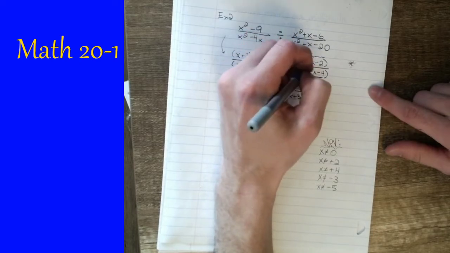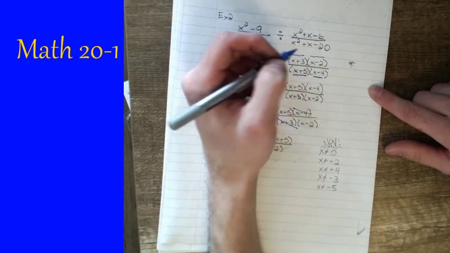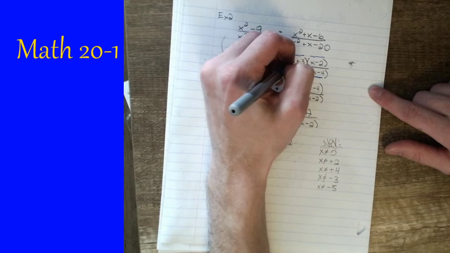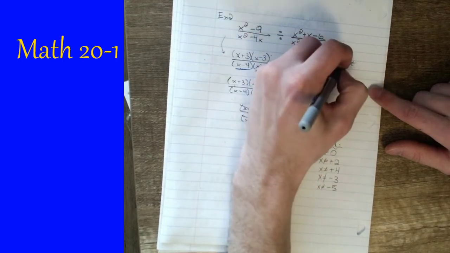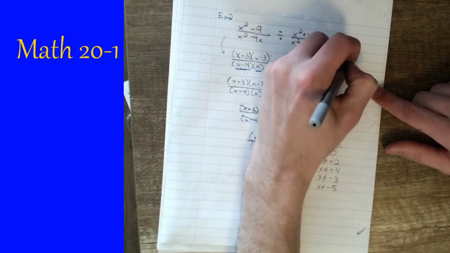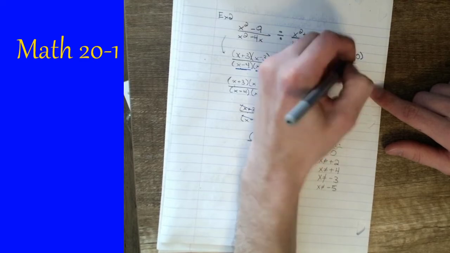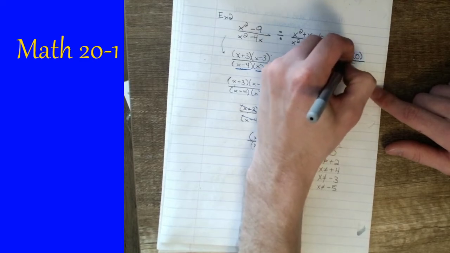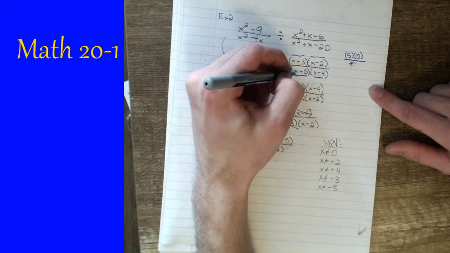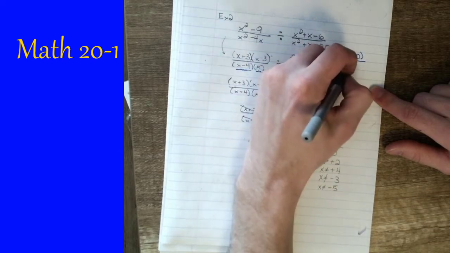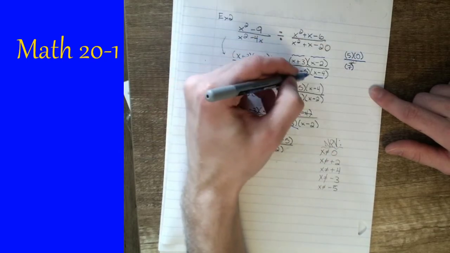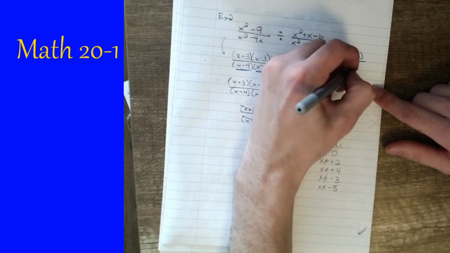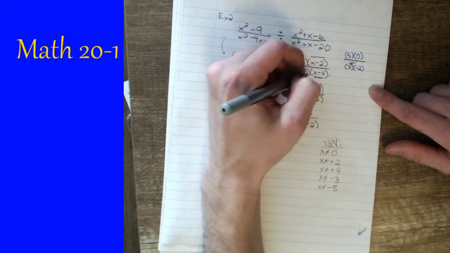So if I put x is equal to 2 here, I would have 5 times 0 all over 7. It's 2 plus 5 multiplied by negative 2, which is 2 minus 4.